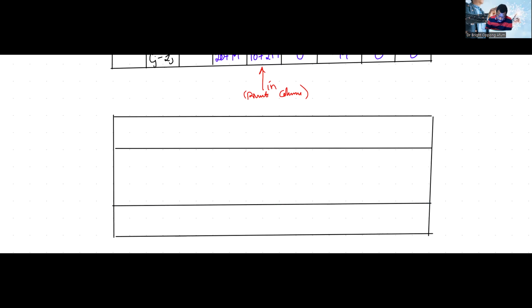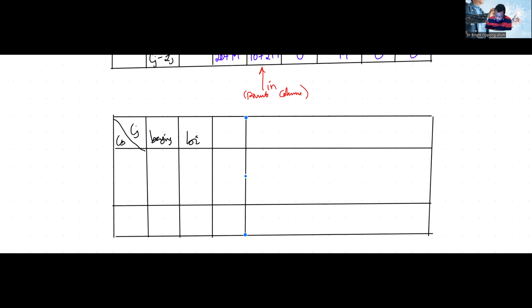So we just need to create our Cj, Cb, our basis solution, our bi's.